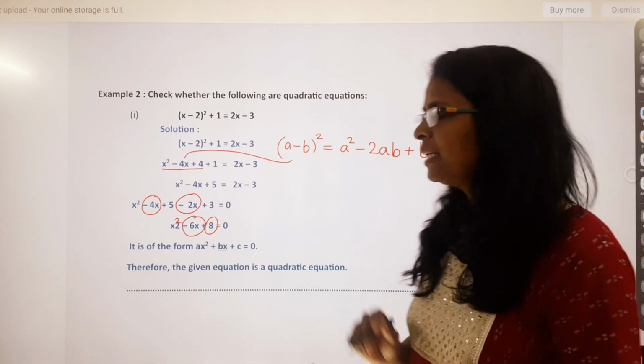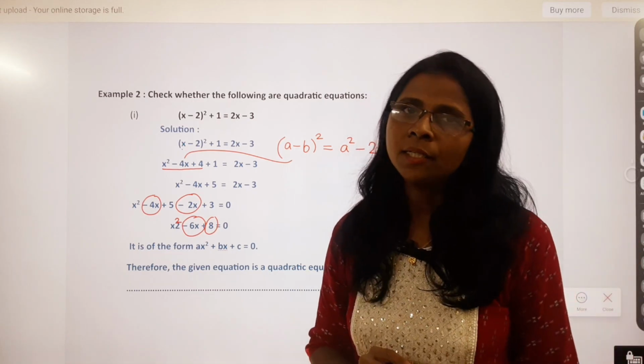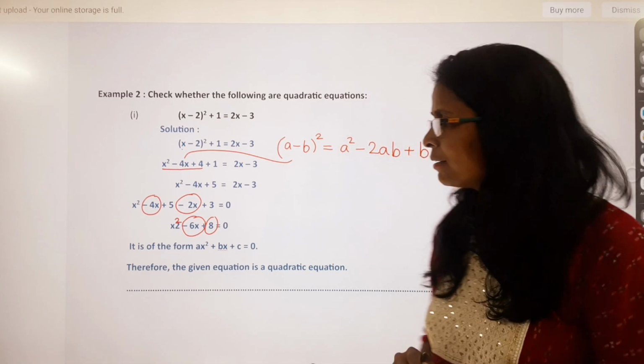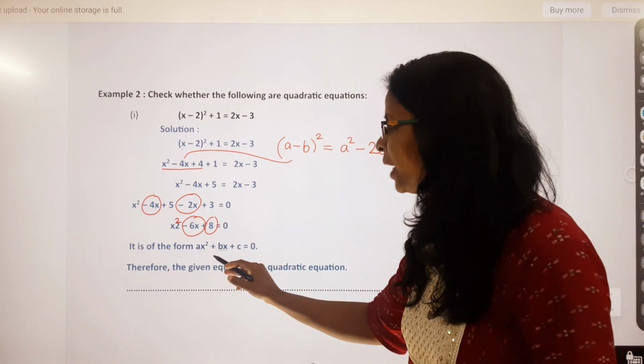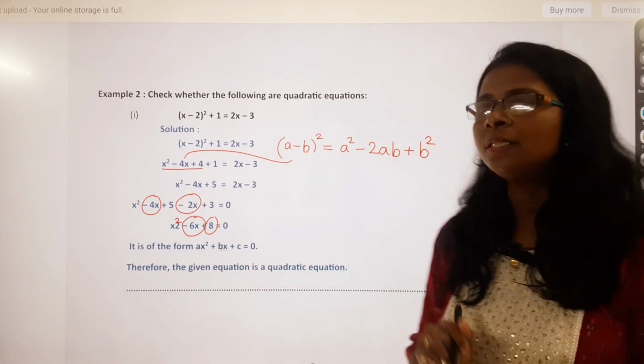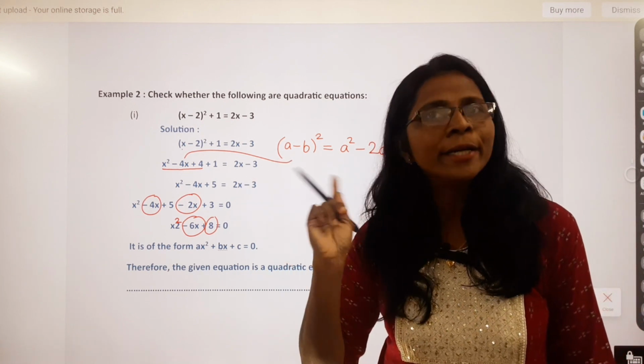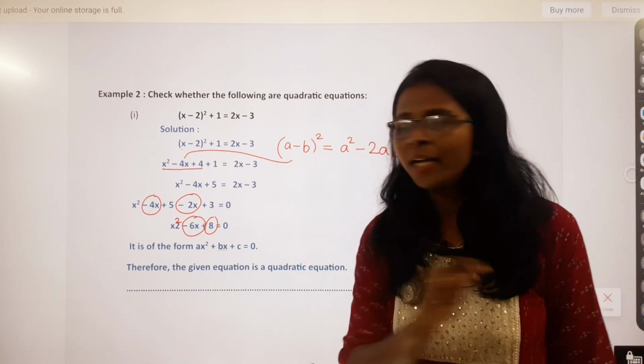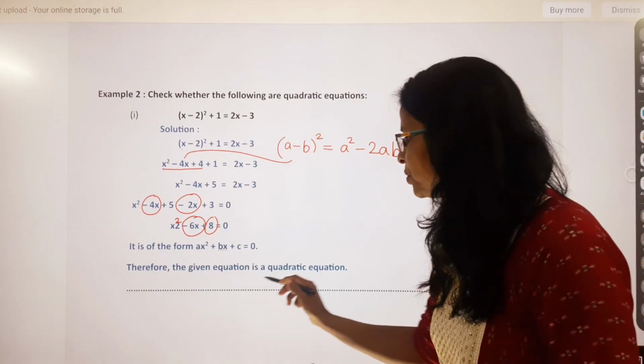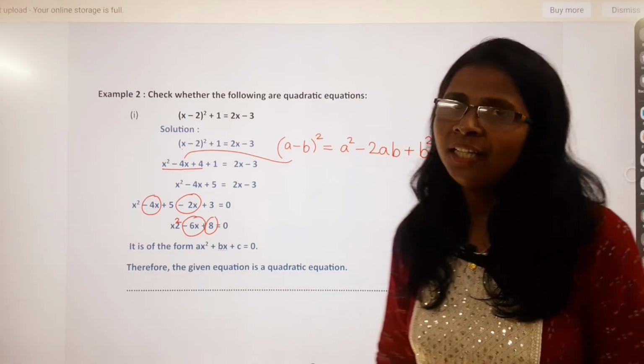So x square minus 6x plus 8 is equal to 0. Now see that it is of the form ax square plus bx plus c is equal to 0, which is the standard form of the quadratic equation. Therefore, the given equation is a quadratic equation.